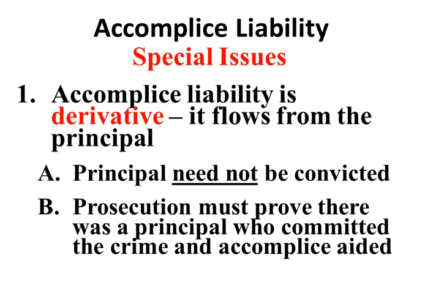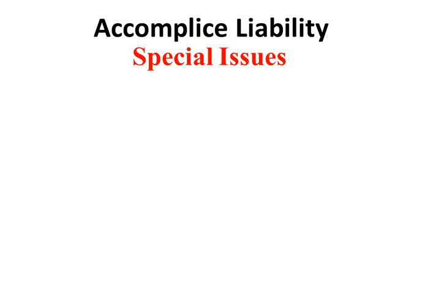All that must be shown is that there was a principal who committed a crime and the accomplice aided. The principal does not need to be caught. The principal does not need to be charged. The principal does not need to be convicted. The principal does not have to be anywhere around, and in fact, the principal may be found not guilty and the accomplice still convicted.